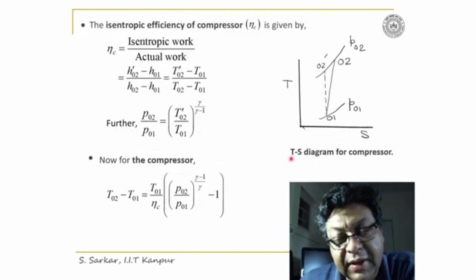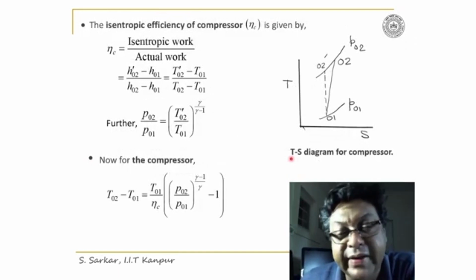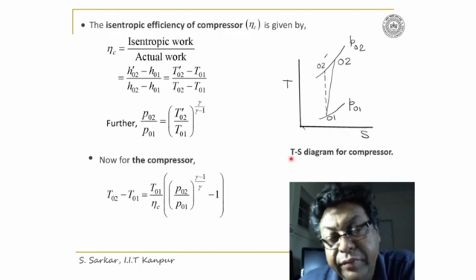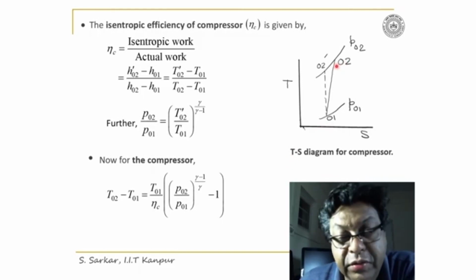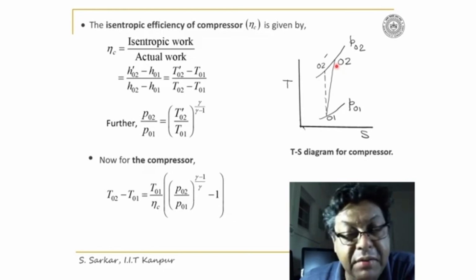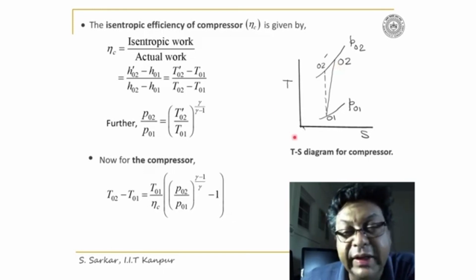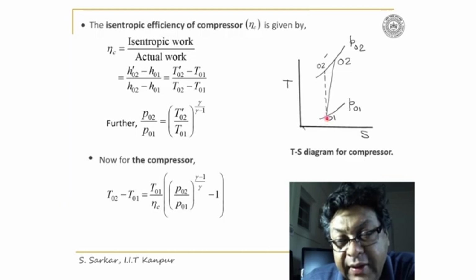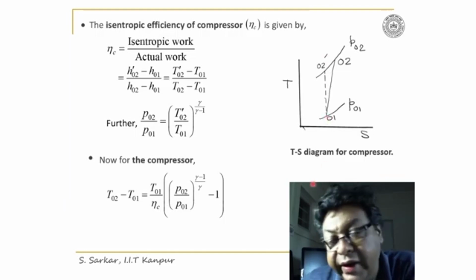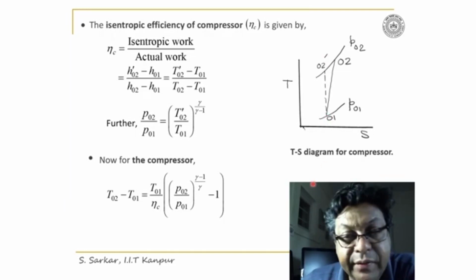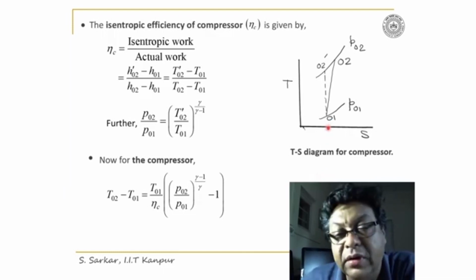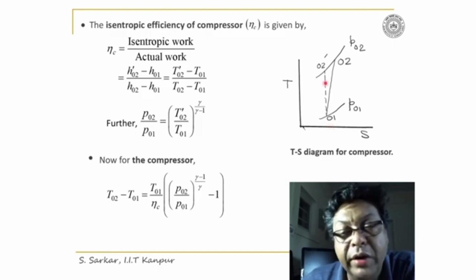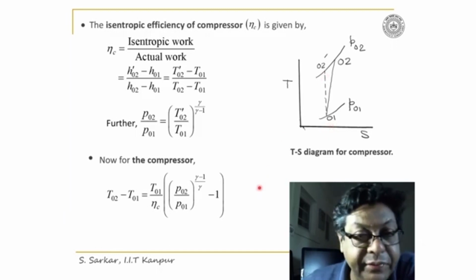Flow through the compressor has been illustrated in the TS diagram, where 01 to 02 is the actual compression, which is indicated by the firm line where entropy has increased, and the corresponding isentropic compression is represented by 01 to 02 dash.